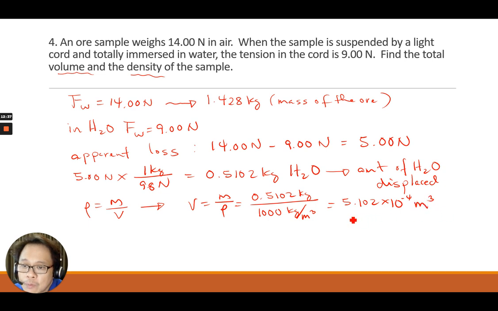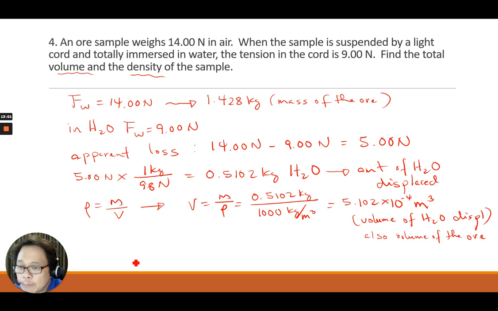This is the volume of water displaced, and also the volume of the ore, by the water displacement principle. So the volume of the ore, we already know.